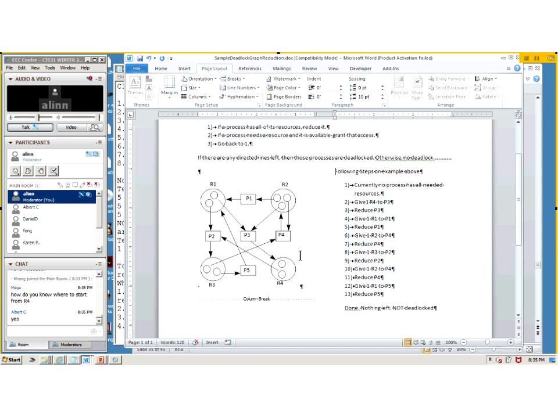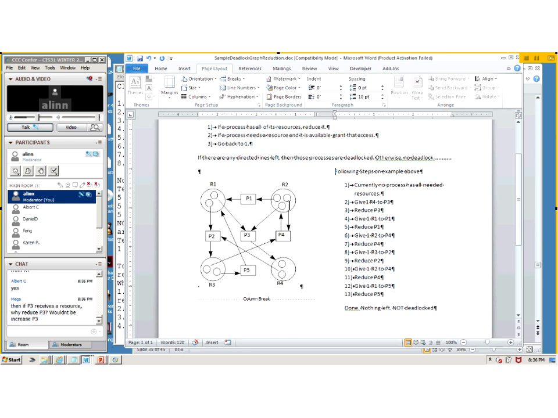You have to look around the chart to find out, first, is there a process that has all of its resources and can be reduced? Second, if that's not true, then if a process can access a resource, grant it, give it to it, and then reduce it, which would free up these. Owned by P3 would free up those 2. Then you go back up. If it has all its resources, reduce it.